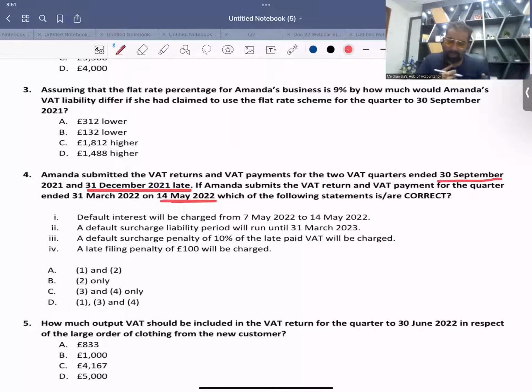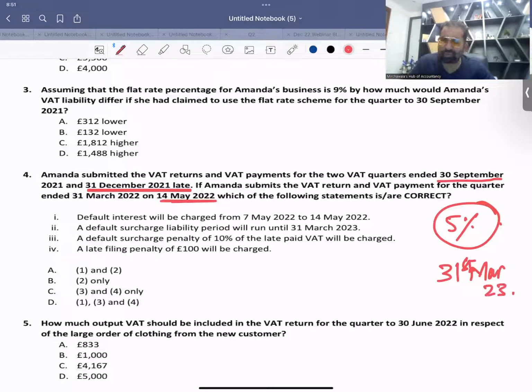So now 5% penalty will apply. And yes, your surcharge period will be extended to 31st March 2023.